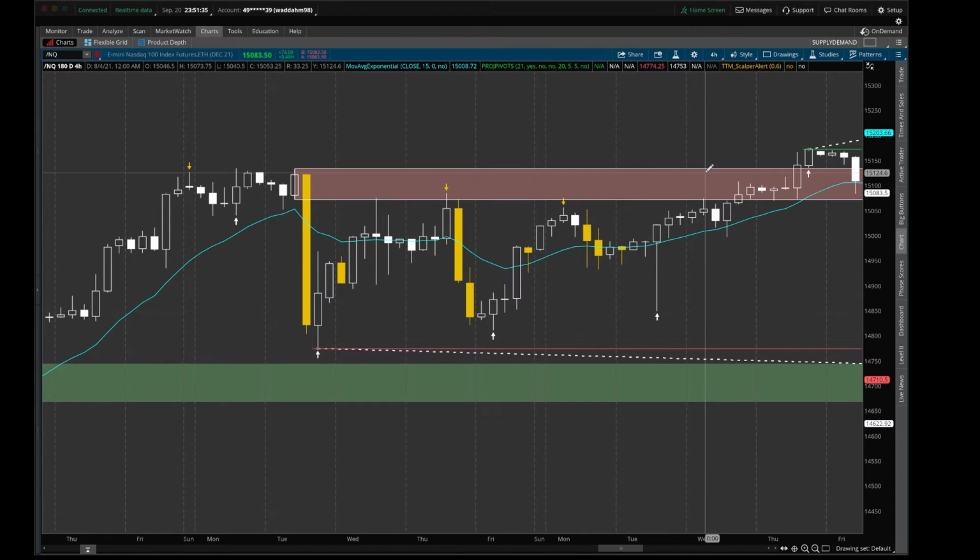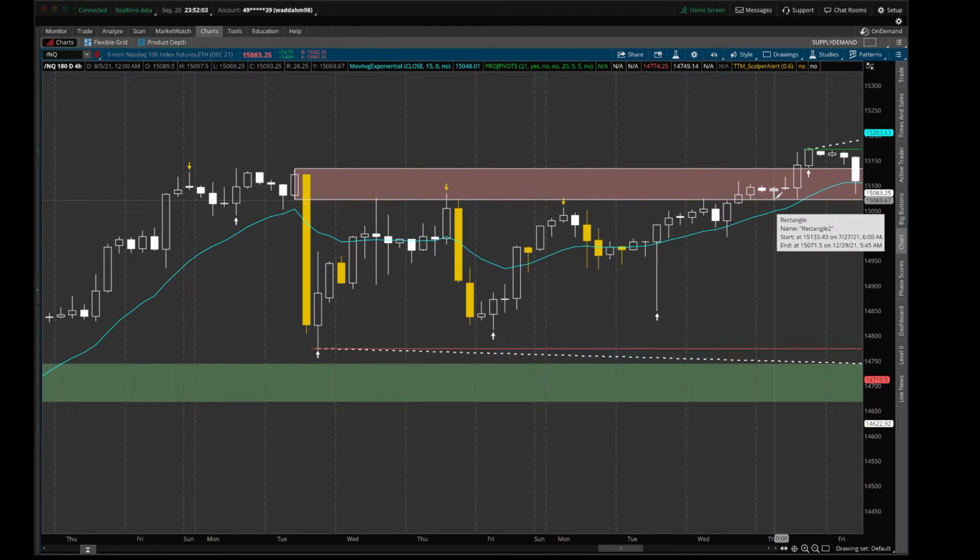So when we keep retesting the zones, that basically means that most of the orders have already gotten filled. And when we start consolidating inside a zone, that's a pretty telltale sign that the orders already got filled. So there's a probability that this could break, especially because it kept holding that supply zone over here.